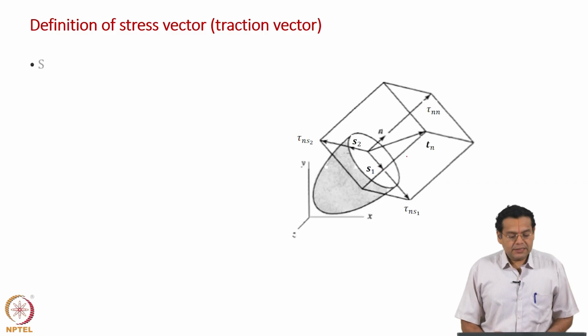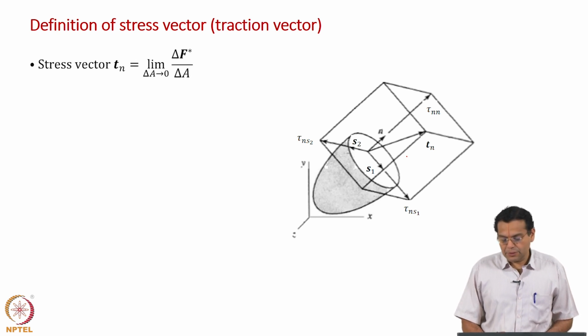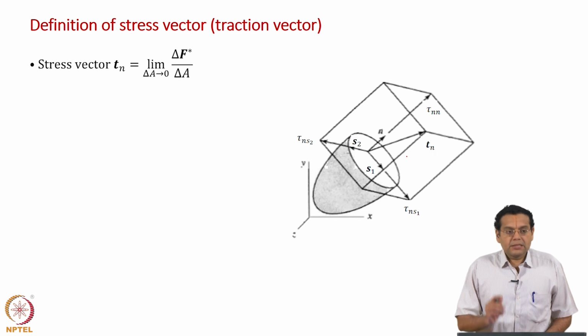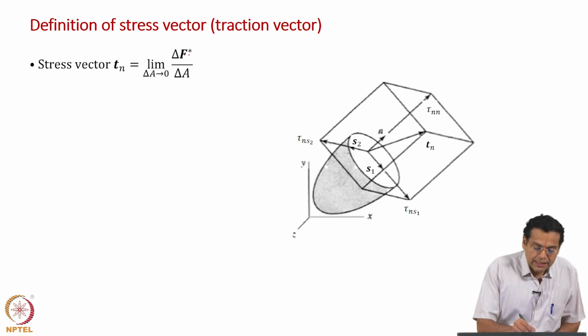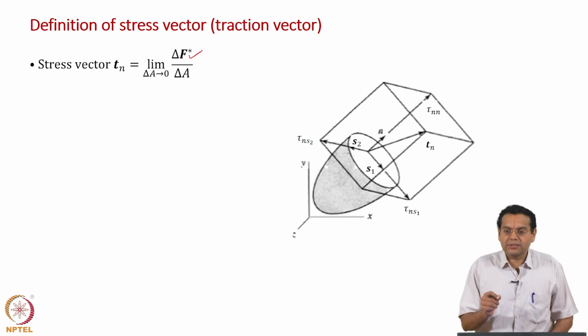We have defined the stress vector as the limit, delta A tending to 0, of the incremental resultant vector divided by the small area. Now, just like we resolved the resultant force along the 3 directions n, S1, S2, I will resolve this incremental force delta F star along the 3 directions which you have chosen.